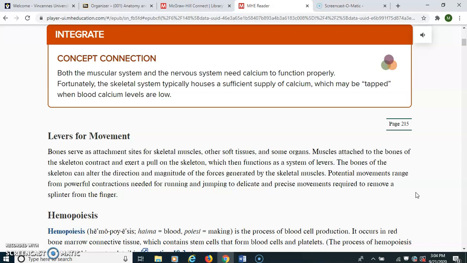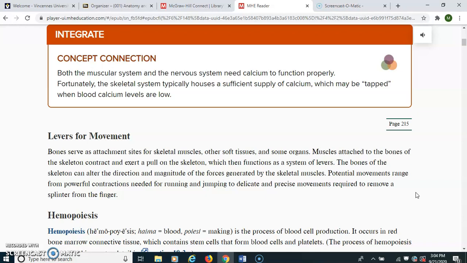And then the levers for movement indicates that the bones provide the framework for the skeletal muscles to attach to, and then when they contract, they can cause movement of the body. If we didn't have the bones, the skeletal muscles wouldn't have anything to pull on, so we really wouldn't move. We'd probably just kind of quiver. So we need the skeletal system for movement as well.